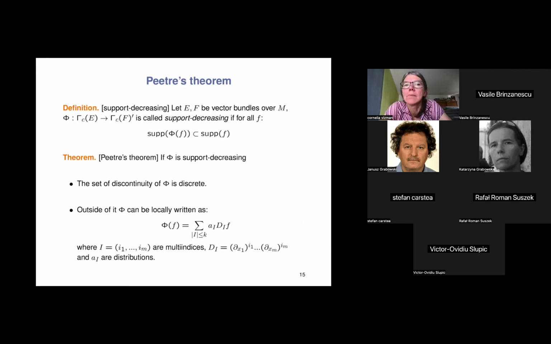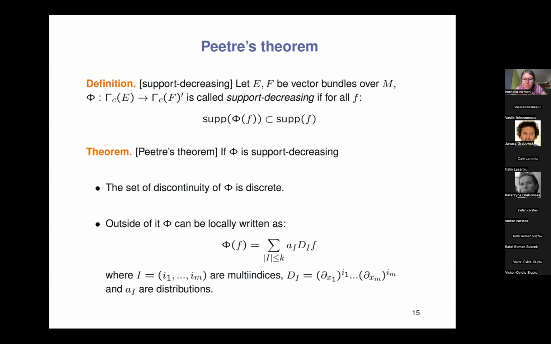So as I understand, Cornelia wants to show that it is a differential operator. So define phi by f in this way. So it's a distribution valued operator, right? You apply it on compactly supported sections, but you end up with something in the dual of compactly supported sections of F, for another vector bundle.